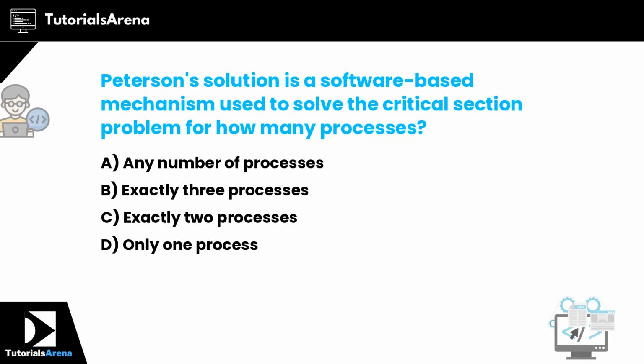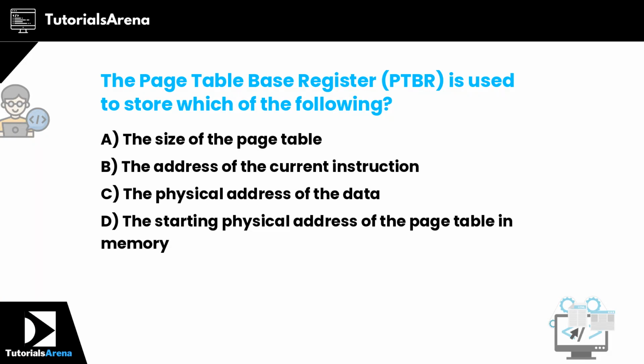Peterson's solution is a software-based mechanism used to solve the critical section problem for how many processes? The correct answer is option C, exactly 2 processes. The page table base register, PTBR, is used to store which of the following?